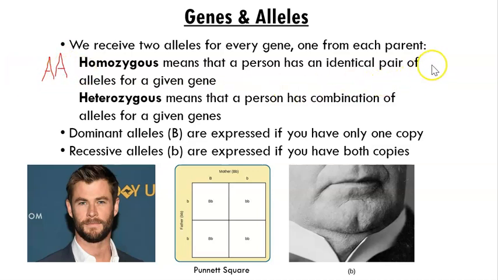But homozygous can also mean little a, little a, okay? Now heterozygous means different, so different genes. The only option here is big A, little a, okay? So there's two options for homozygous and one option for heterozygous.